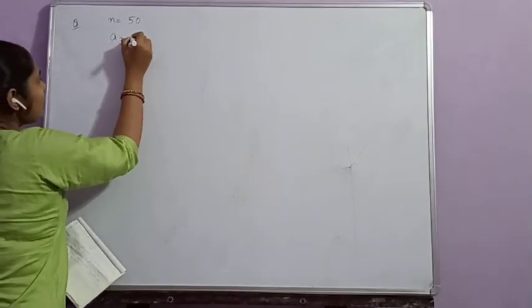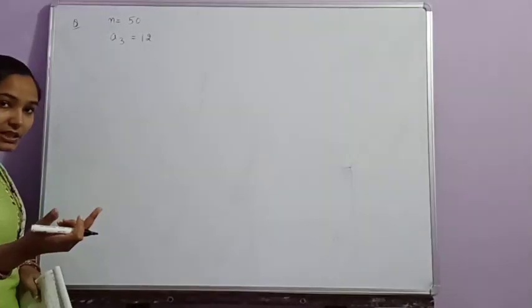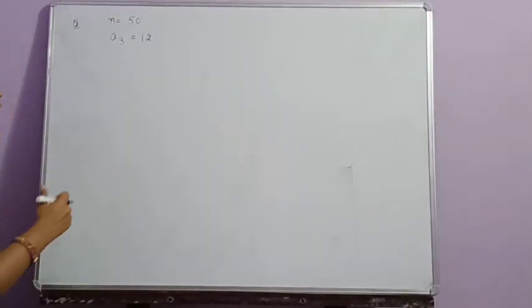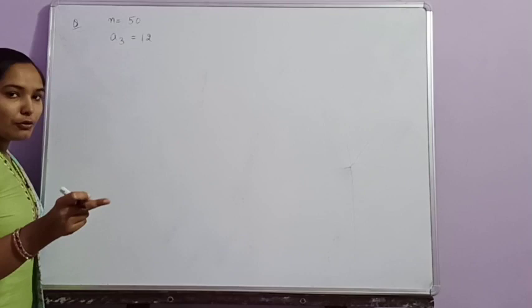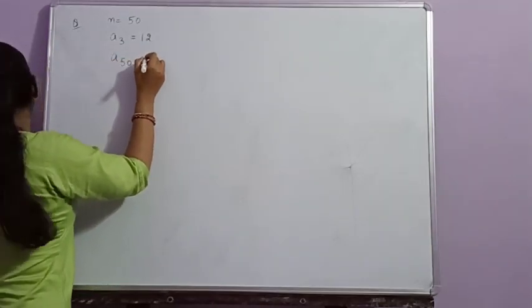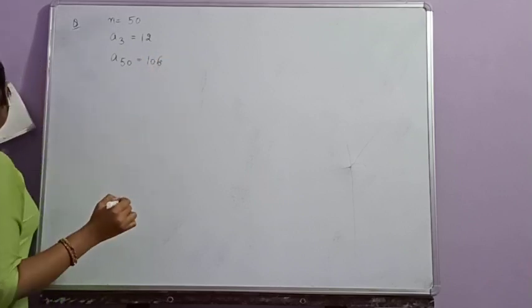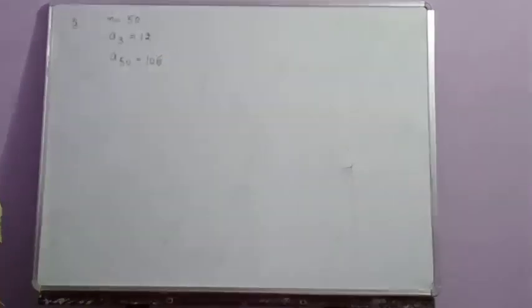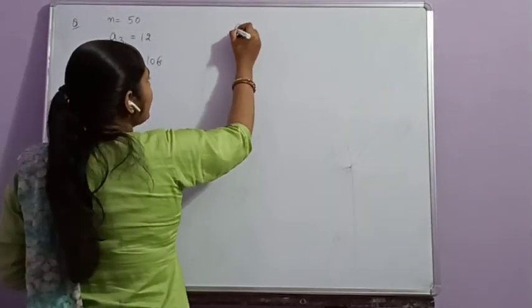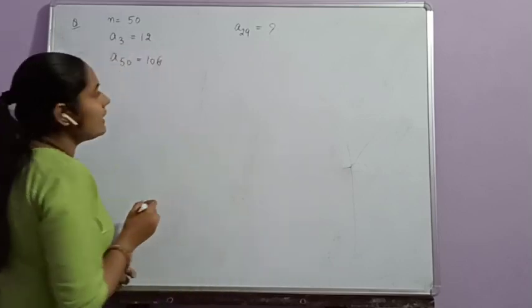A3, the third term, is 12 and the last term, the 50th term, because it is given that the total number of terms is 50, that is A50, is equal to 106. And we have to find out the 29th term, that is A29.